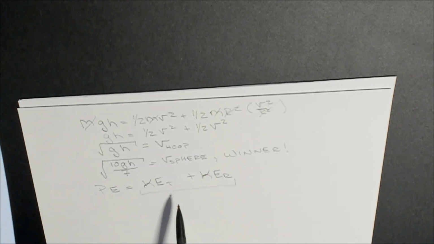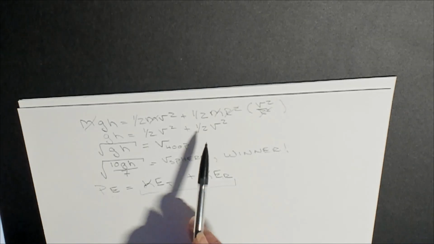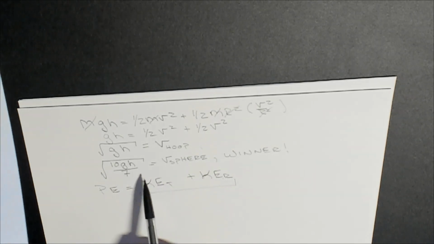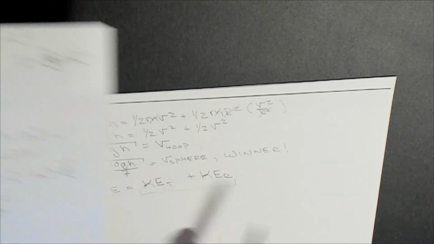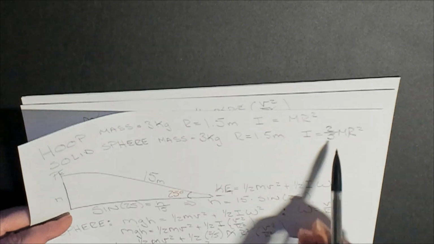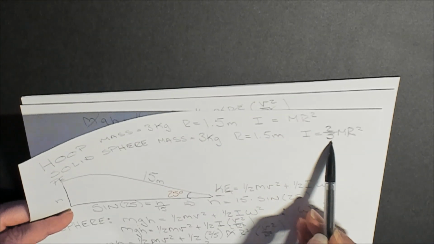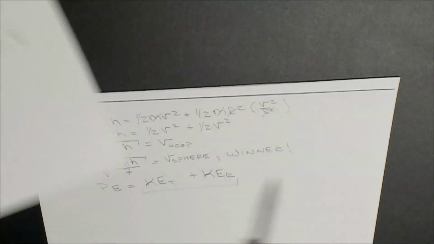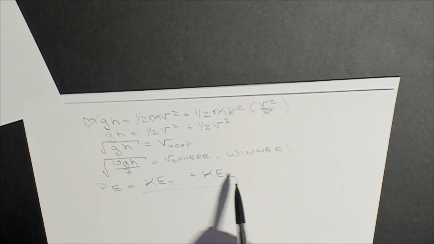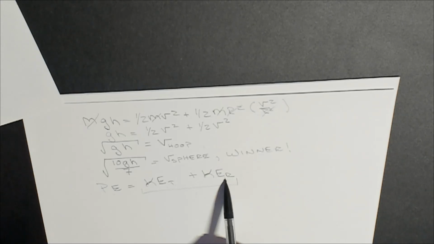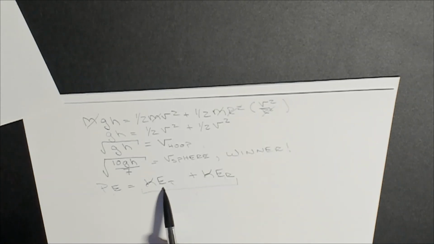Overall, the two add up to the same, but it's going slower. The sphere is going faster, and it has a much smaller moment of inertia. So less energy had to go into rotating it. So it wins there. It has less energy in rotation and more energy in translation.